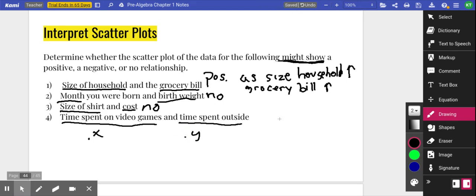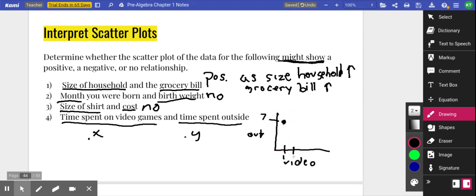Let's say we have 8 hours total. So let's just draw a little thing here. So this is my video games, and this is outside. Let's say I have 8 hours to spend. If I spend 1 on video games inside, that gives me 7 that I could spend outside.